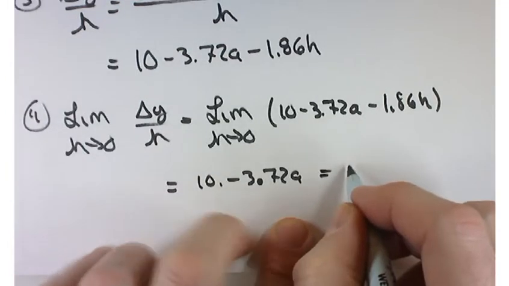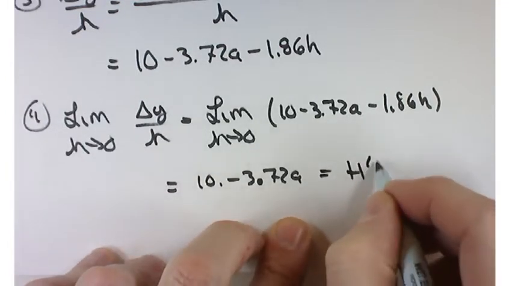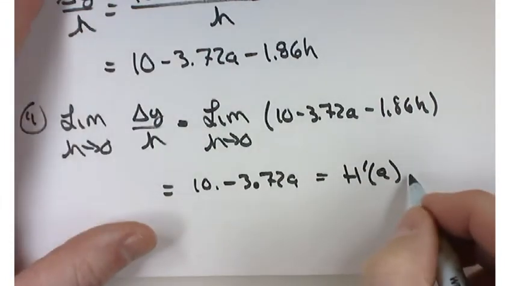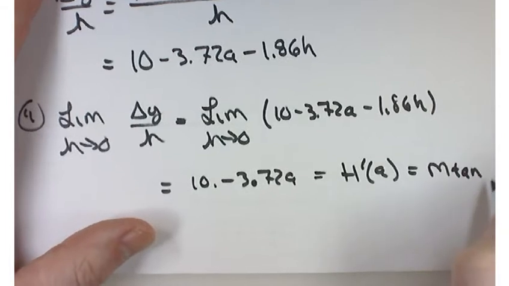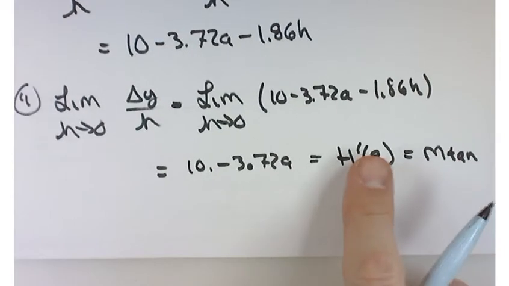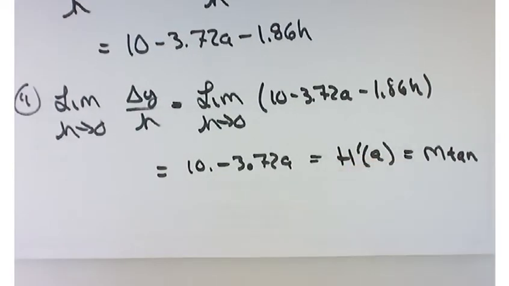So this, I'm going to call h prime of a. It's also the slope of the tangent line at any particular point. The nice thing, like I said, is that it tells you the slope of the tangent line for any value of a that you choose. So let's think back.